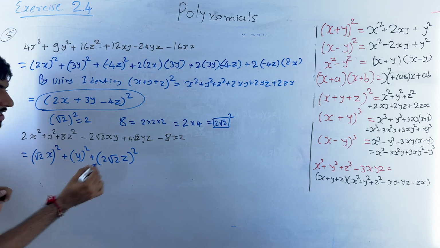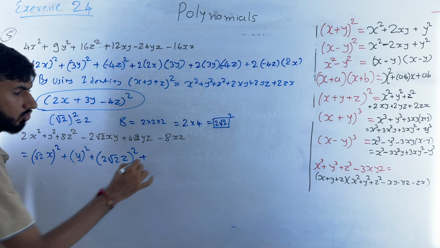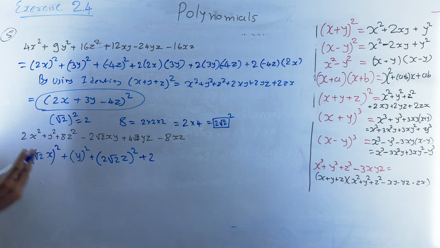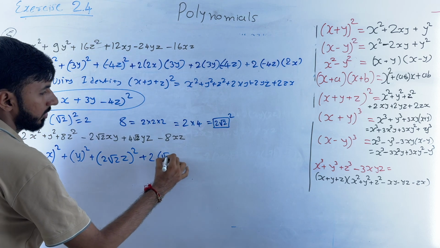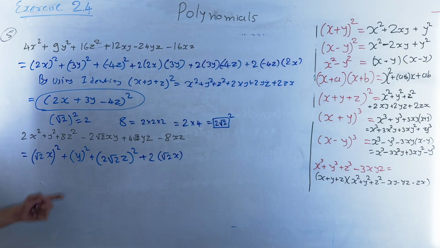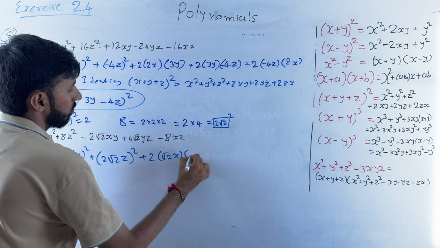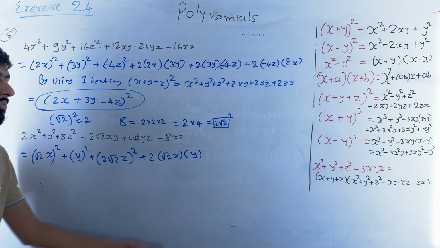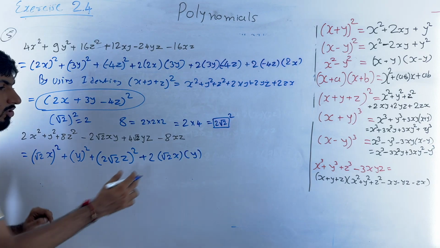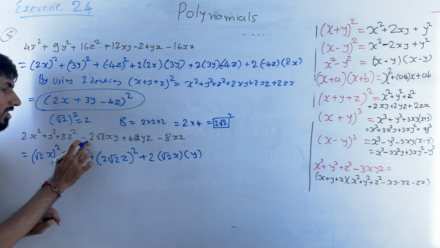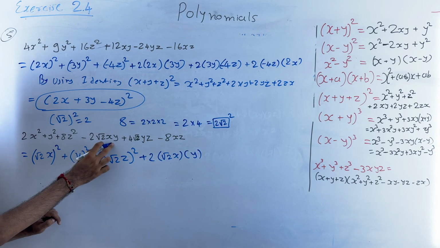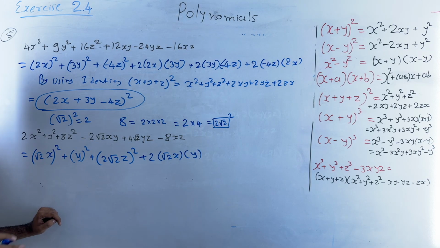Very easy. Now your fourth term is 2 multiply first term and second term. So my first term is root 2x, so I have to write root 2x here. My second term is y only, so I have to write y here. Now compare it with your question. 2 multiply root 2, that is 2 root 2 xy. In my question I have minus 2 root 2 xy, so I have to change the sign.